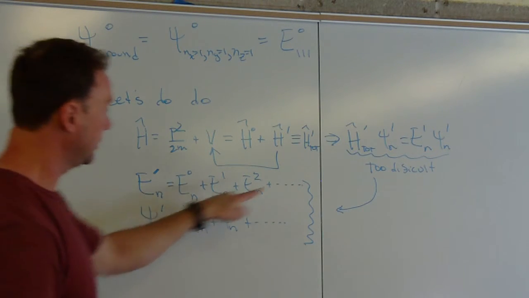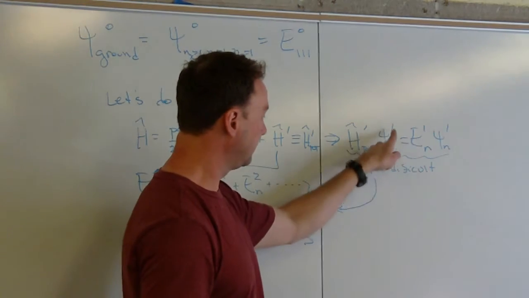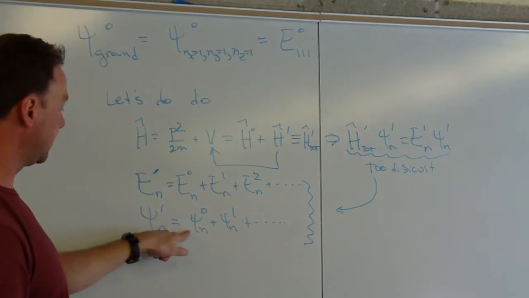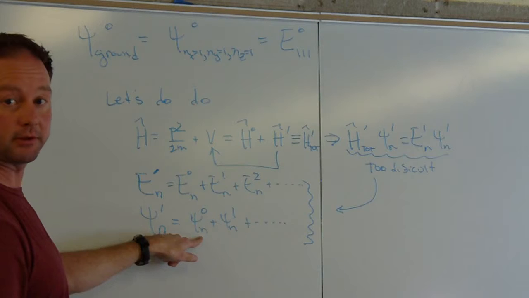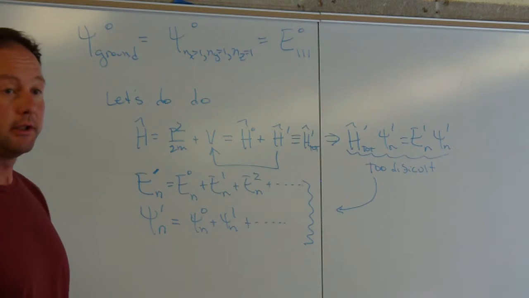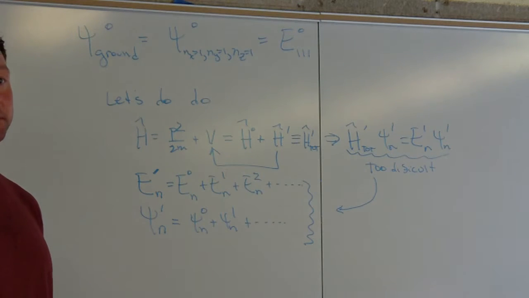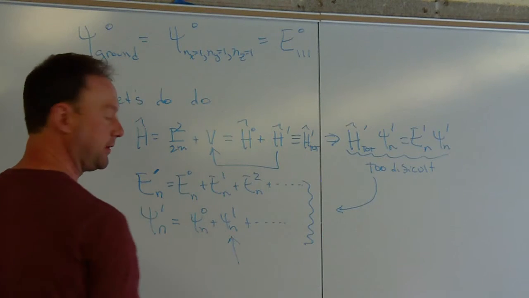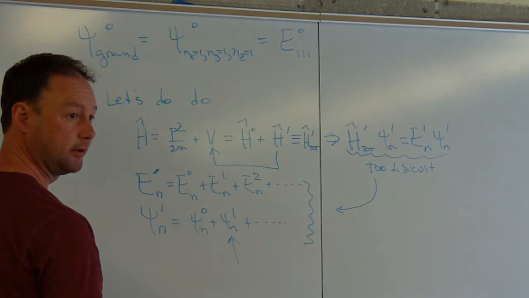And the solution to this too difficult problem, the eigenfunction psi_n prime, is going to equal a combination of the unperturbed psi_n's plus all these corrections. All right? Now we just have the machinery to do it. So here we go. Generally speaking, we only go up to this first order correction.